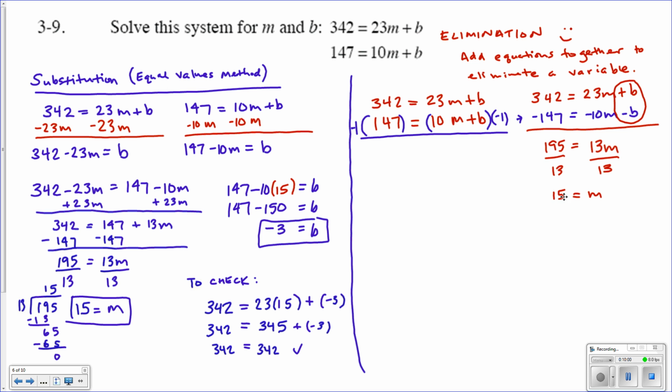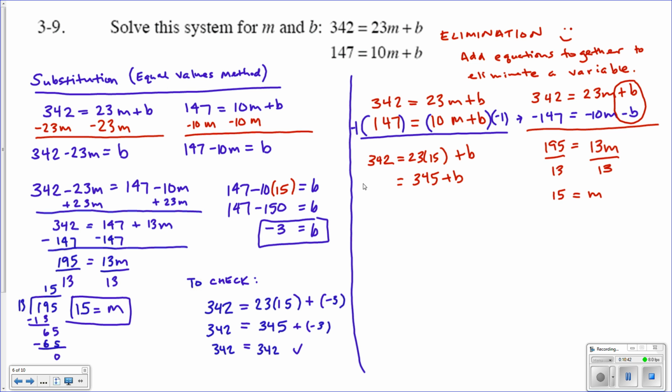To get the other one, we'll do exactly what we did before. Take that 15, plug it in for m. Let's plug it back into one of our original equations. Let's do the 342 since we didn't do that one the first time. 342 equals 23 times 15 plus b. 23 times our 15, that'll be 230 plus 5 times 23, that'd be 345.